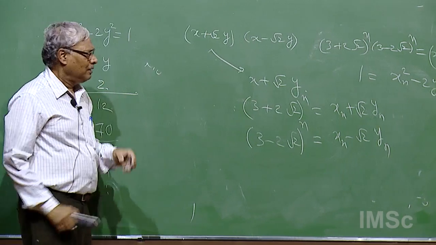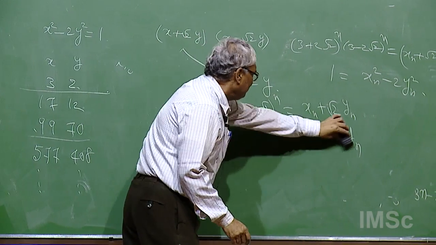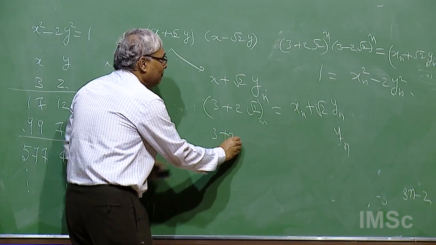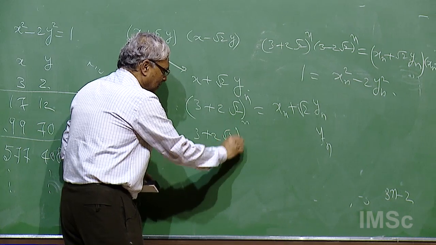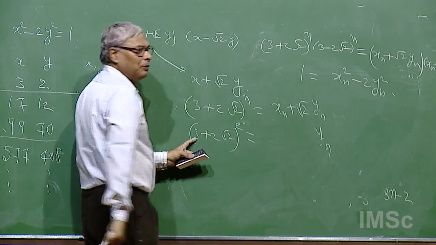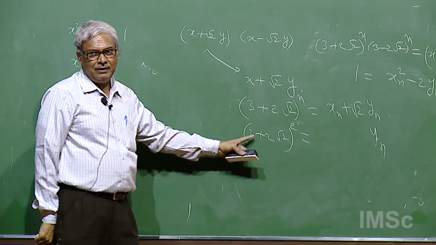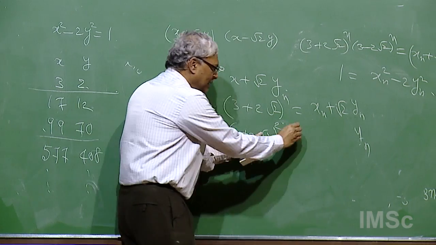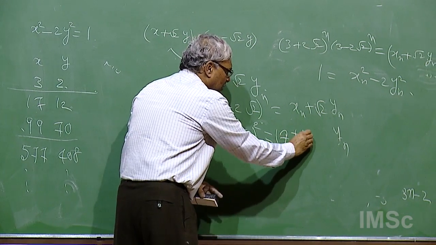So, for example, if we take the square, 3 plus 2 root 2 whole squared, which we did earlier, what do you get? You get 9 plus 8, 17, plus 12 root 2.